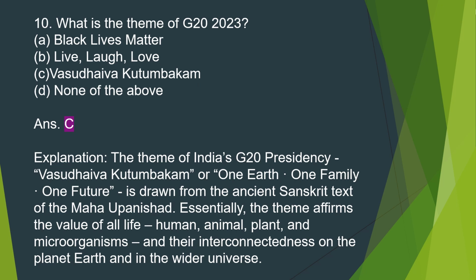The theme of India's G20 presidency, Vasudhaiva Kutumbakam, or One Earth, One Family, One Future, is drawn from the ancient Sanskrit text of the Upanishad. Essentially, the theme affirms the value of all life, be it human, animal, plant, or microorganisms, and their interconnectedness on the planet Earth and in the wider universe.